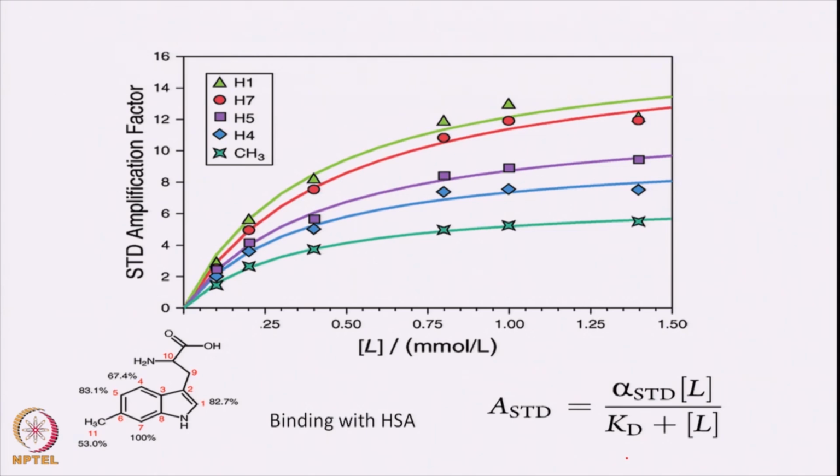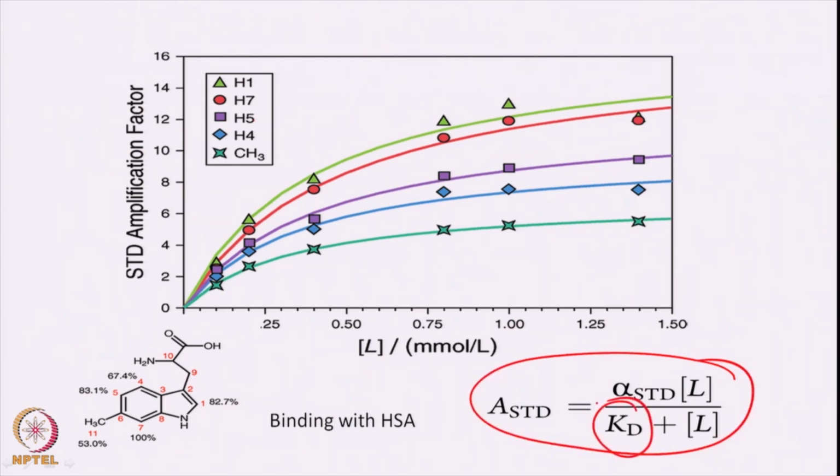As we discussed, from the STD amplification pattern you can essentially find out which protons are nearer and which are far. Here H1, H7, H5, H4 have different saturation ranges in a ligand concentration manner, and that can be used to find the Kd. This is the ligand concentration and this is the amplification for STD.